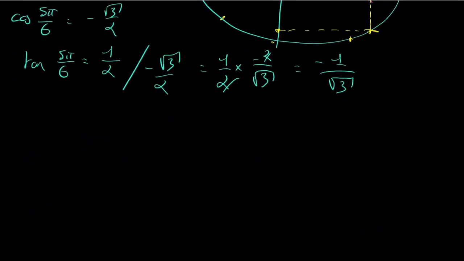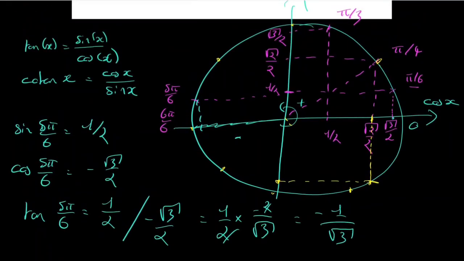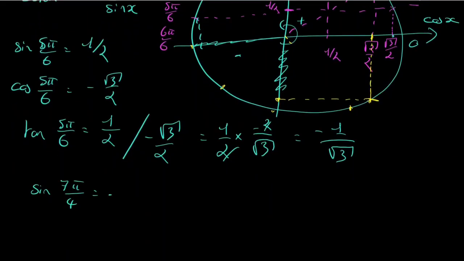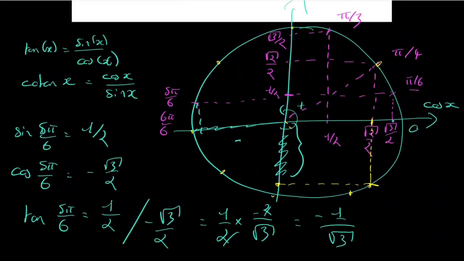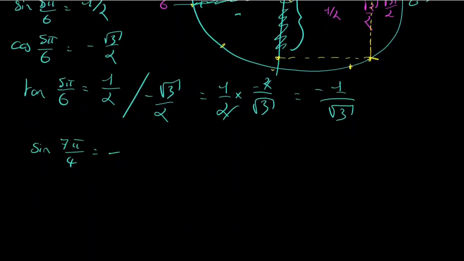So we will have the sinus of 7 pi over 4, which will be equal, because we are in the negative part of the sinus, to minus, and this distance here is the same distance as the sinus of pi over 4, which is equal to square root of 2 over 2.